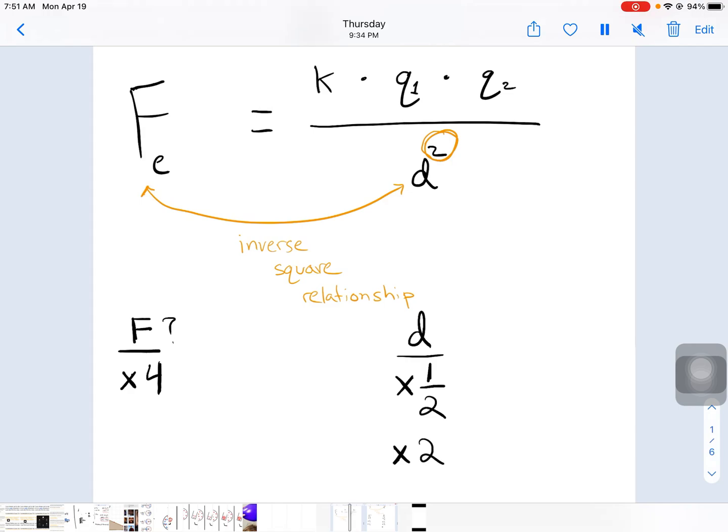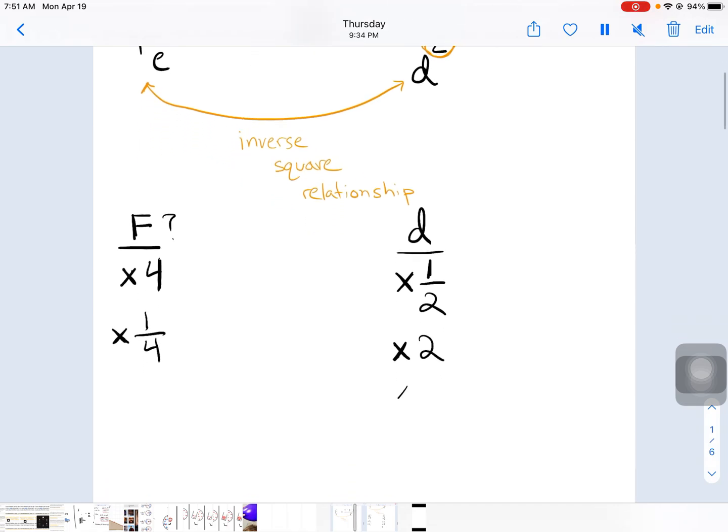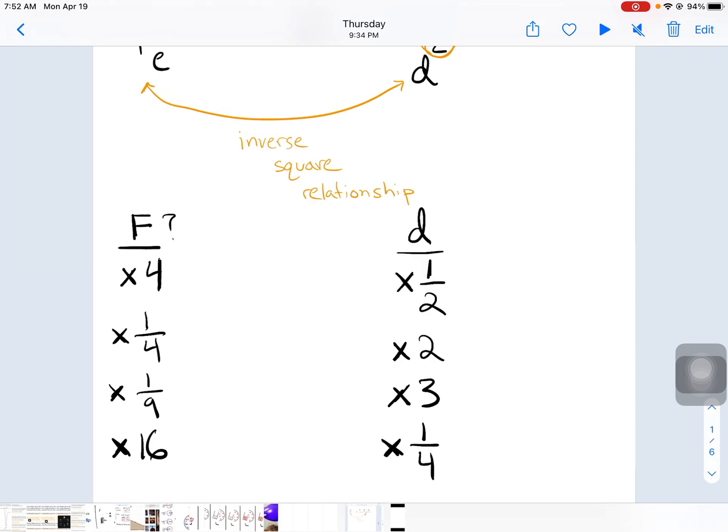If the distance is doubled, then the force is actually quartered. Do you see the pattern yet? If the distance is tripled, they're really far apart now, what happens to the force? Oh, it's a really weak force. It's times 1/9. If the distance between the charges is quartered, now they're really close to one another. Oh, that's a lot of force. The force is now multiplied by 16.